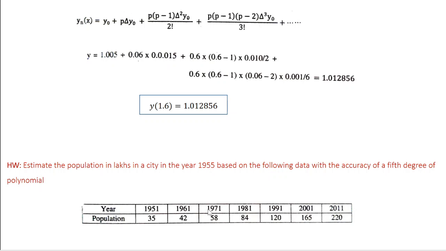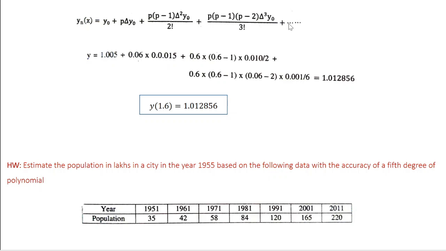So here 1, 2, 3, 4, 5, 6, 7 data points are there, which means you have to find difference terms up to the 6th order. But it is mentioned that your polynomial need not go all the way to the 6th order. You can stop at the 5th degree.